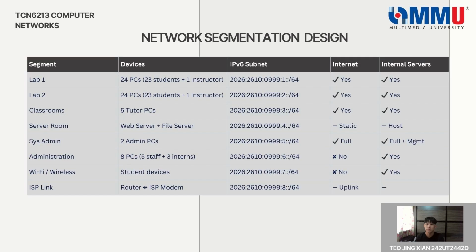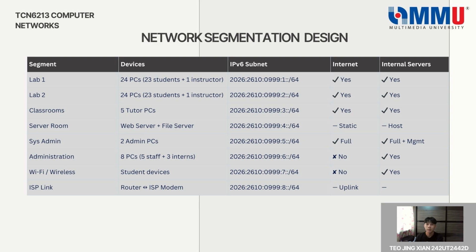This network segmentation design utilizes a structured IPv6 addressing schema ranging from 2026:2610:0999:1::/64 to 8::/64 to logically isolate functional areas.